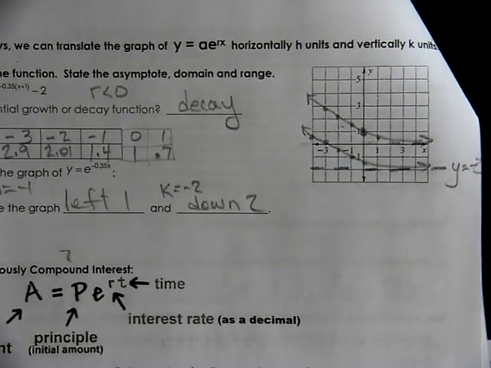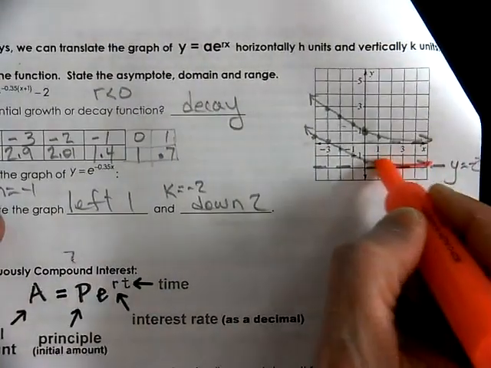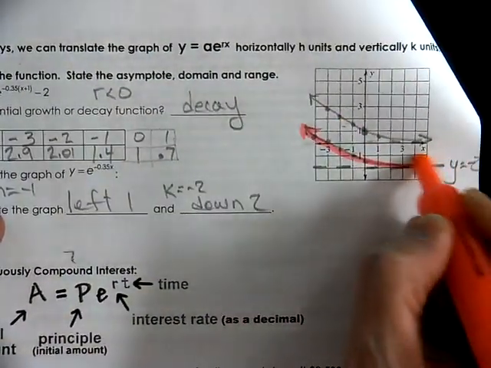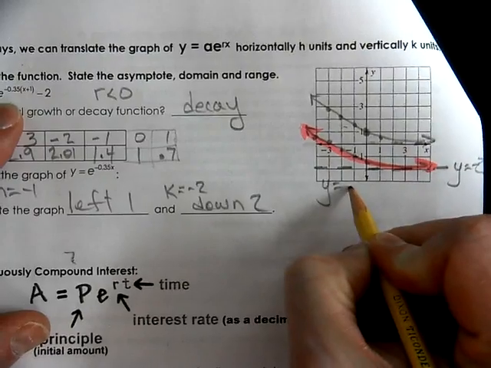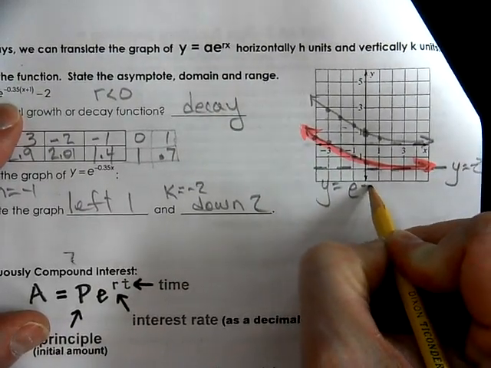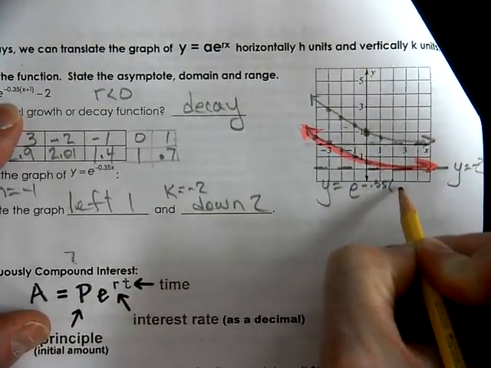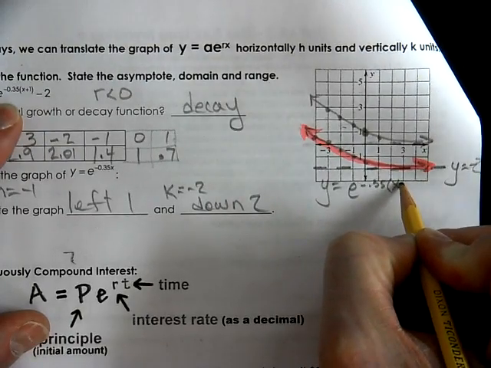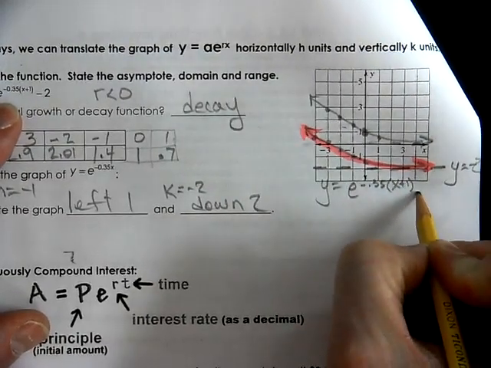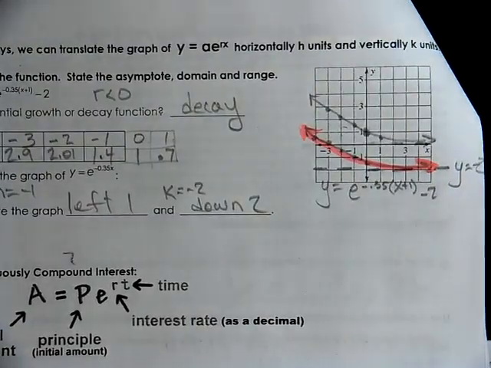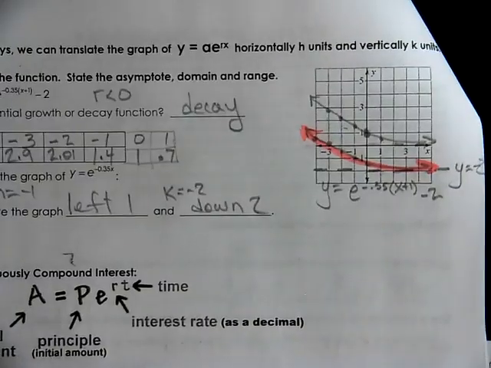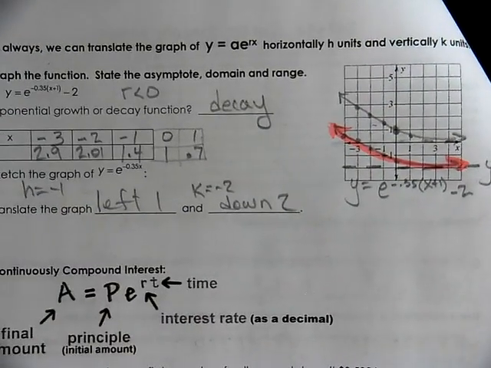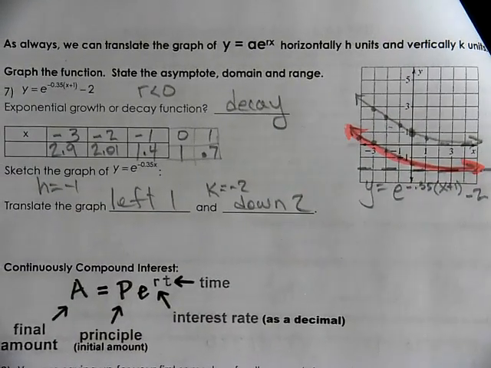And since we did 2 graphs, you can come through to show your final graph was that one. And it's good to write in the equation. Y equals e to the negative 0.35, parentheses, x plus 1, minus 2. Any questions about that?